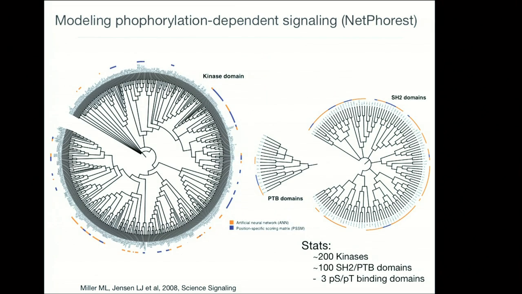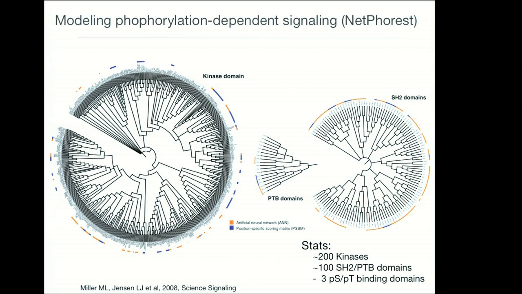So we did that and mapped it back to the tree here, and so now the orange here are the artificial neural networks, the different models that we generated from the data to be able to predict new sites for a given kinase. Or we used position-specific scoring matrices for the in vitro data.